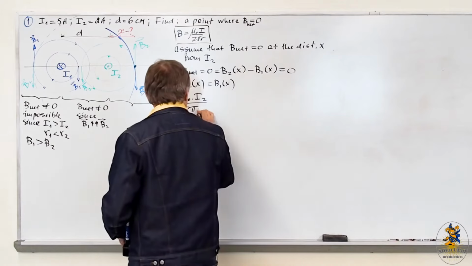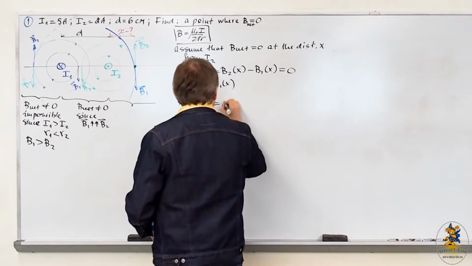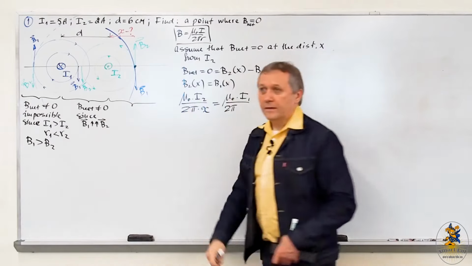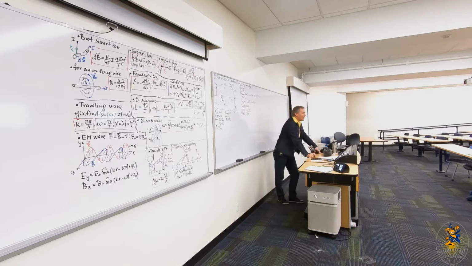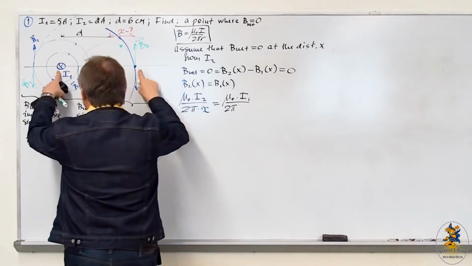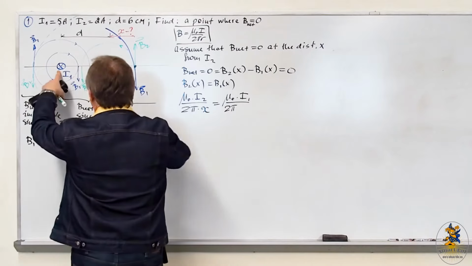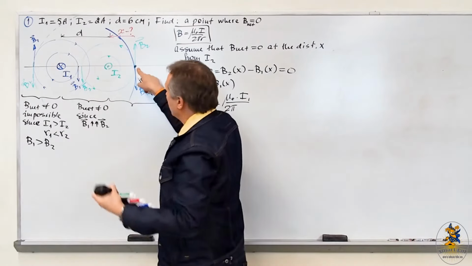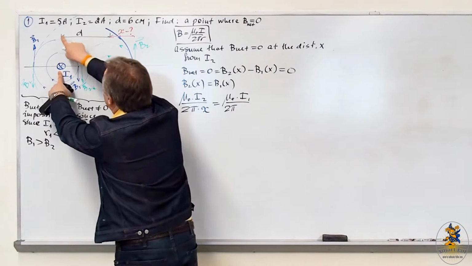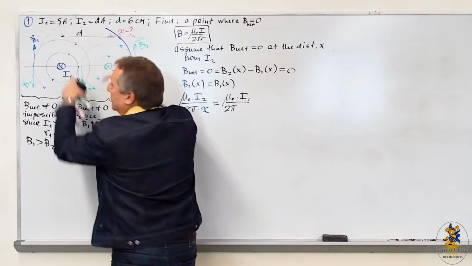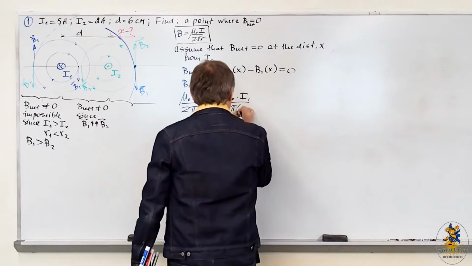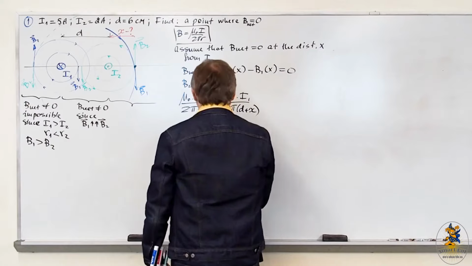So times x. So now B1, mu naught times I1 divided by 2 pi. And now what's the distance? It's a distance from the point where I1 is to the point where we assume net magnetic field is 0. So this distance consists of d plus x. You see, d plus x.